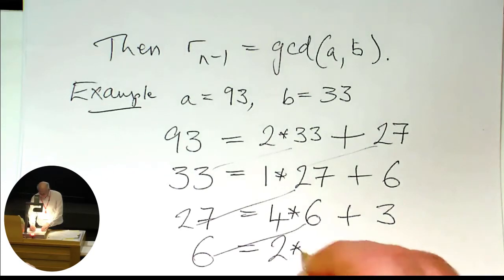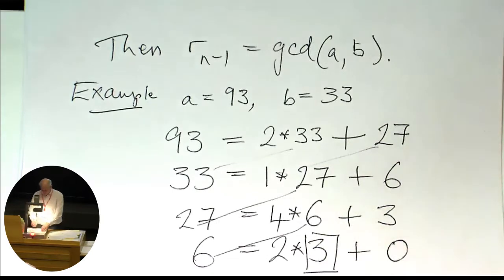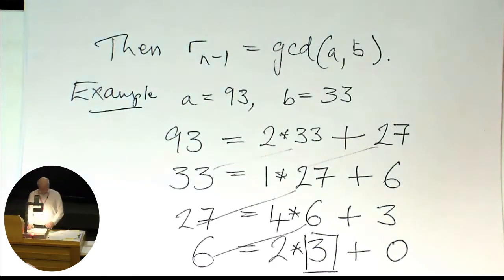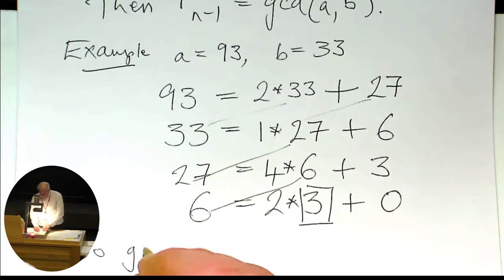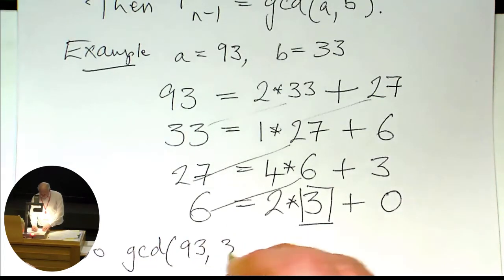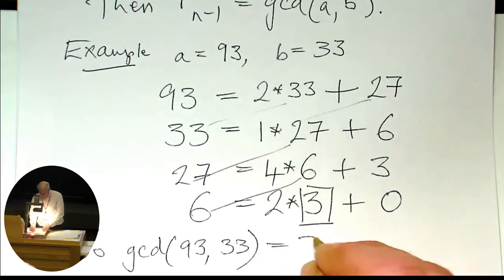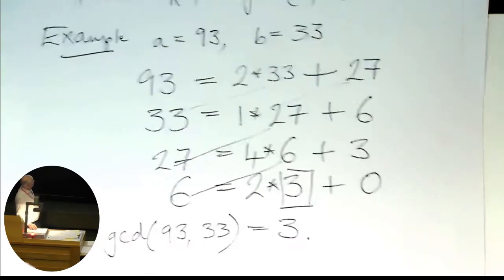It goes twice, and then the remainder is 0, so we've finished. And this is the greatest common divisor. So the greatest common divisor of 93 and 33 is equal to 3. Pretty obvious anyway, but that illustrates the method.